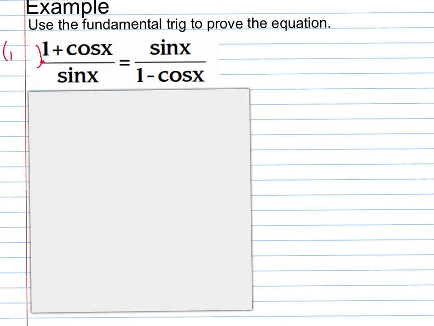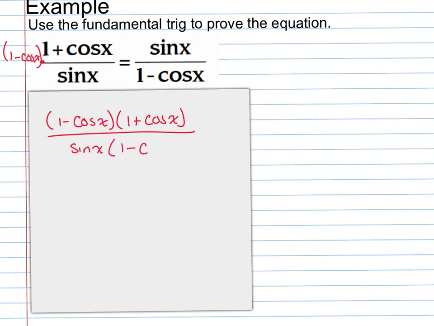So I'm going to multiply the middle by its conjugate, which is 1 minus cosine of x. That means on the top, I'm going to get 1 minus cosine of x times 1 plus cosine of x. On the denominator, I'm going to get sine of x over 1 minus cosine of x, which means I have a 1 minus cosine of x here and here down here, which is what I wanted.